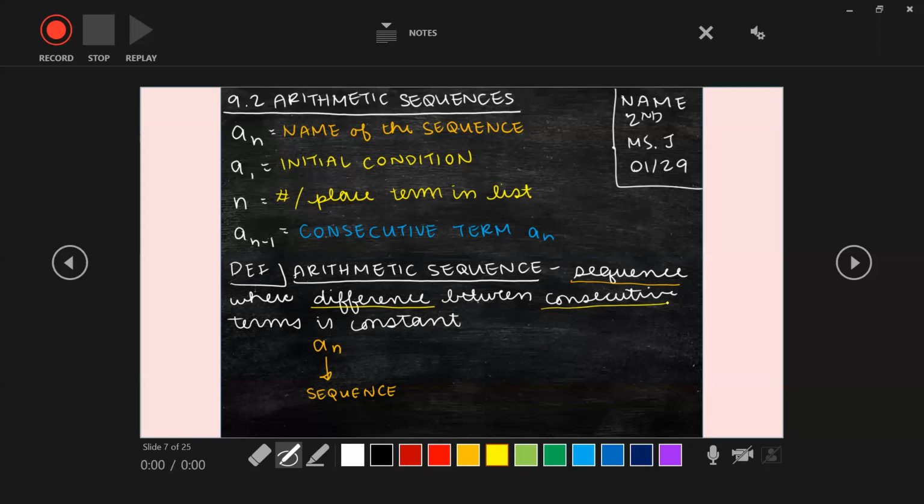So what is my consecutive term? Haley? A sub n minus 1. So I have difference of consecutive terms is just going to equal a constant. And we are going to be calling our constant term D.